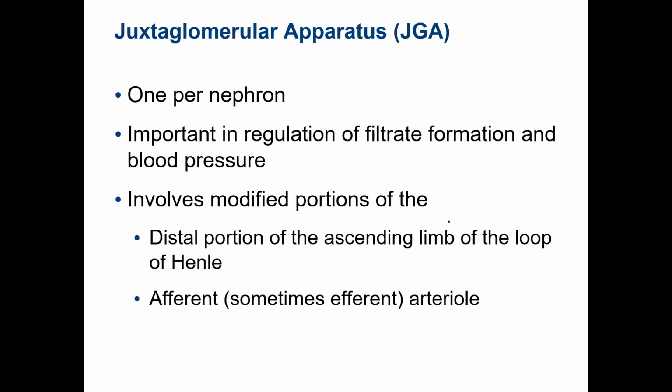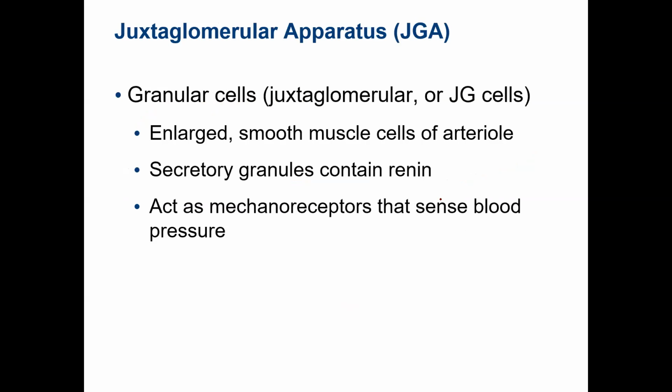Every nephron gets its own little juxtaglomerular apparatus, which is involved in regulating filtration. There are cells called granular cells that release renin in response to changes in blood pressure. Now, we've talked about this before. This kicks off our renin-angiotensin system.